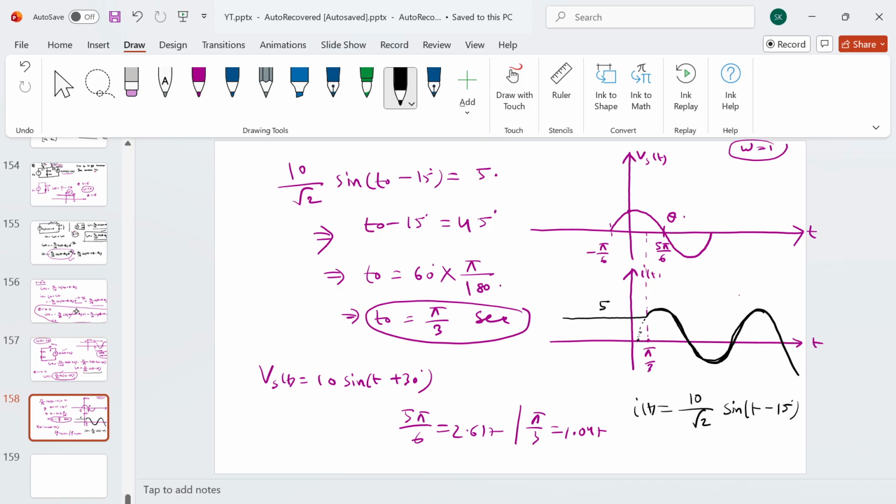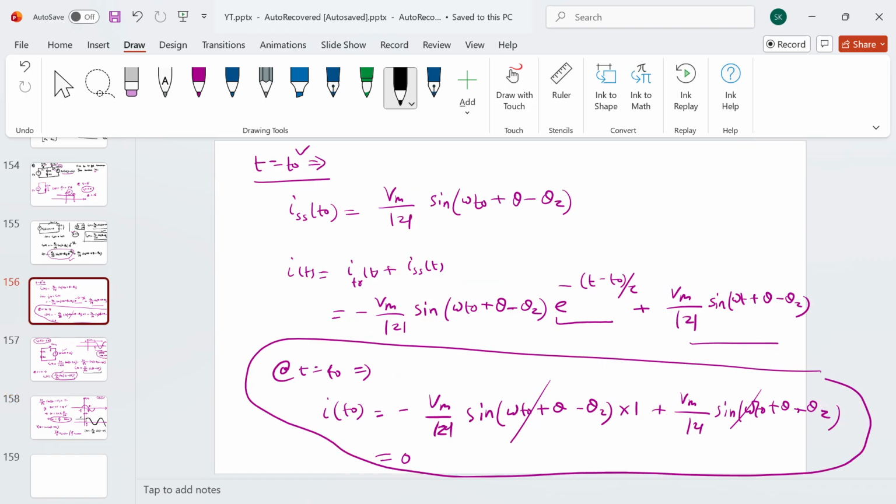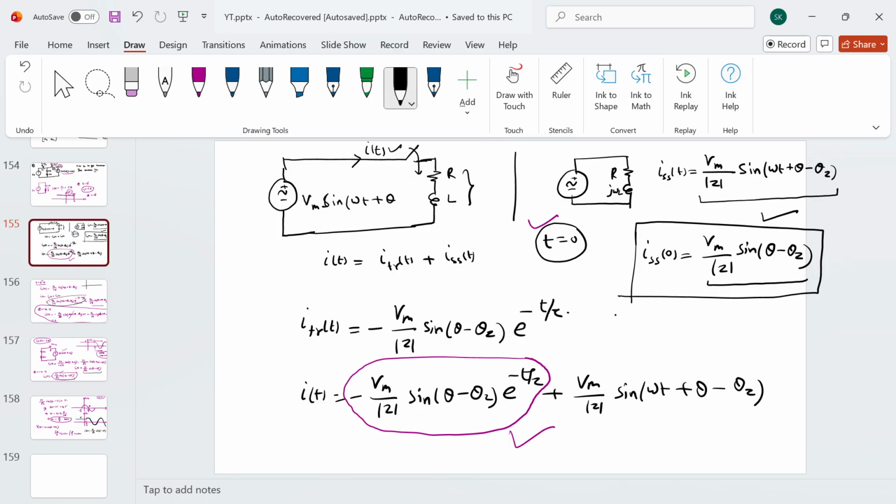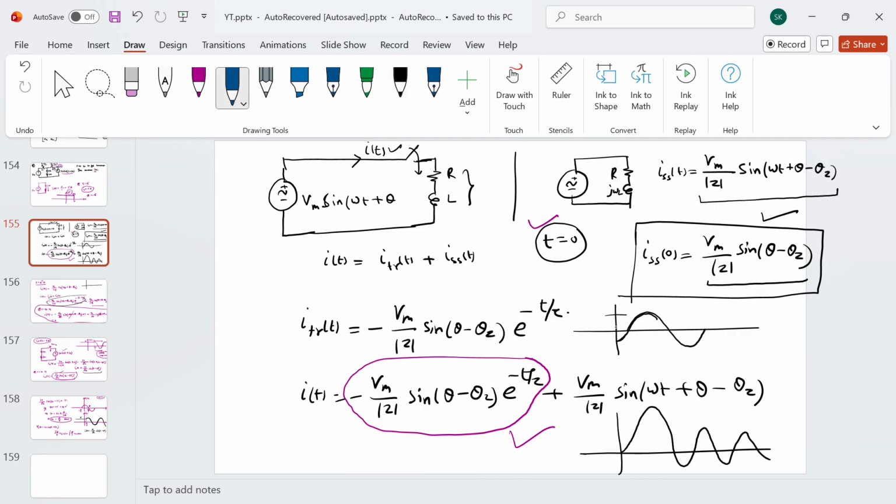Before, what is happening? There was a decaying DC component, because if you perform the switching action at t equal to 0, let's say this was your steady state current without any transient. But since there is a transient, this particular graph will be shifted like that, and this is coming because of this decaying DC component.